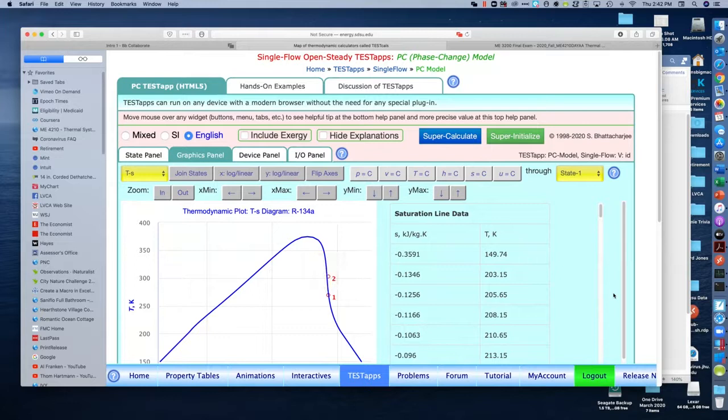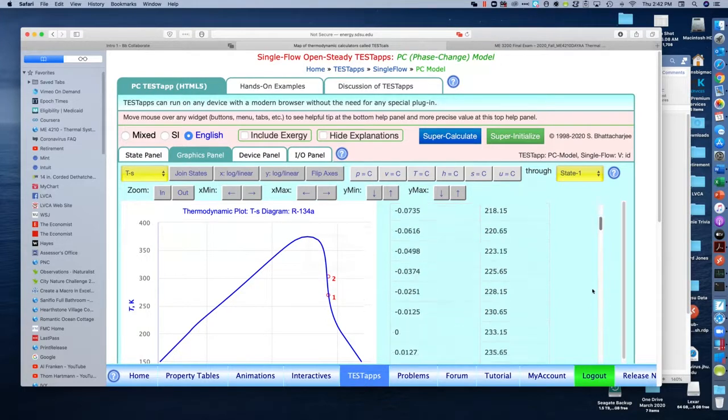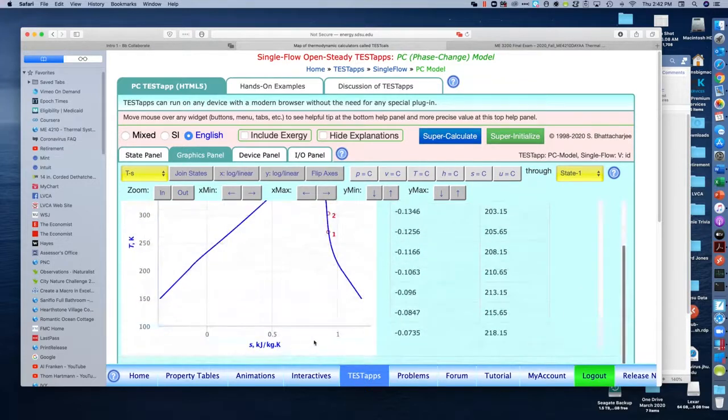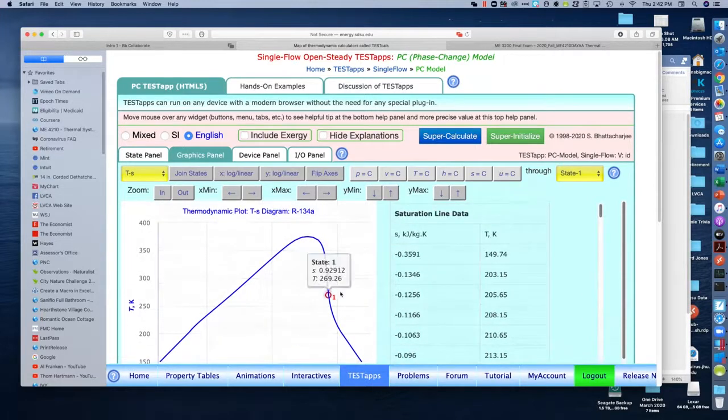We see that it's located right on the dome line, the saturated vapor condition, and then the isentropic process, which is straight up. Let me look, the entropy is the x-axis, and so an isentropic process is just going straight up from that particular point, remaining in the superheated region.